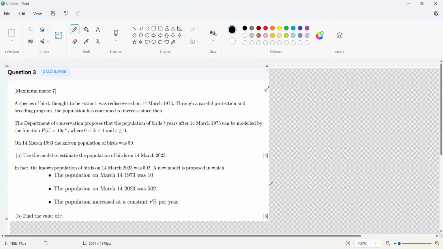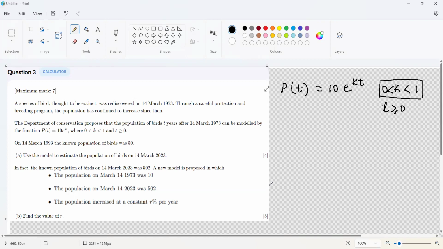So a population model is given to me. P(t) is equal to 10 e raised to the power kt, and the value of k is greater than 0 and less than 1. t should be greater than or equal to 0.